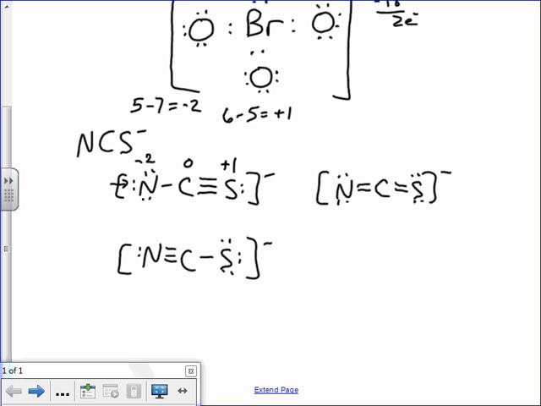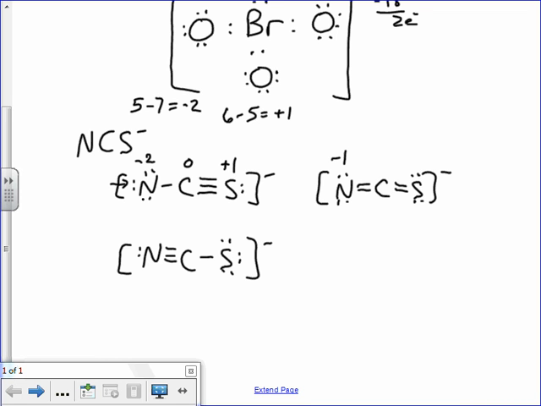All right? So let's try this second structure over here. The second structure, what's the formal charge on the nitrogen? It's 5 minus 1, 2, 3, 4, 5, 6, right? It has 6 assigned electrons there. Okay? So 5 minus 6 would be a -1 for the formal charge on that nitrogen. Carbon's still good, okay?